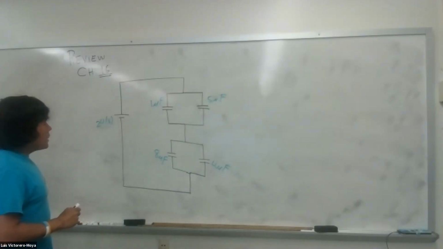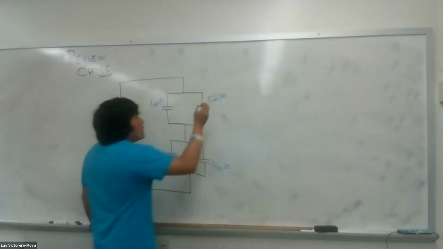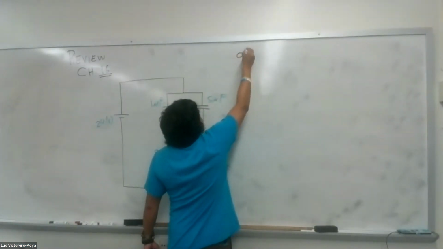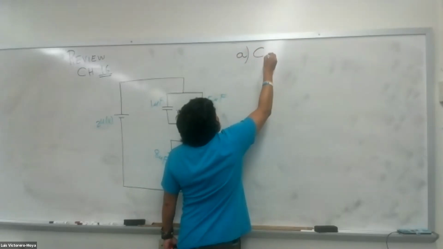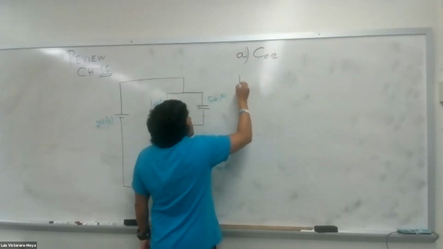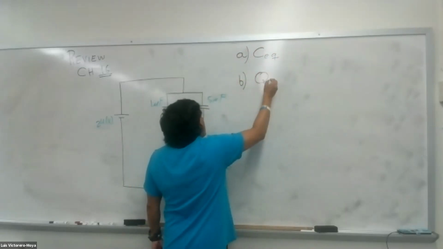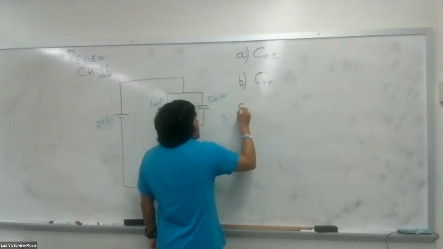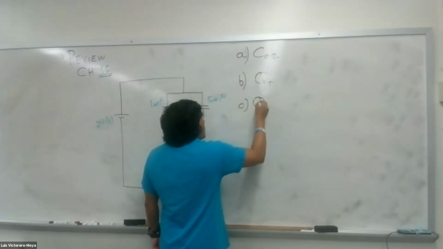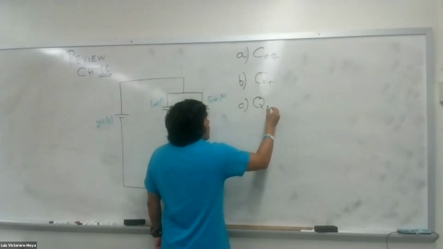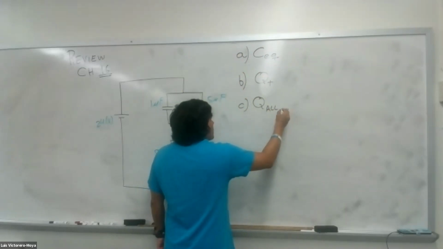Let's find the equivalent capacitance. Find the charge on the circuit, the total charge, and per se find Q in all the capacitors.